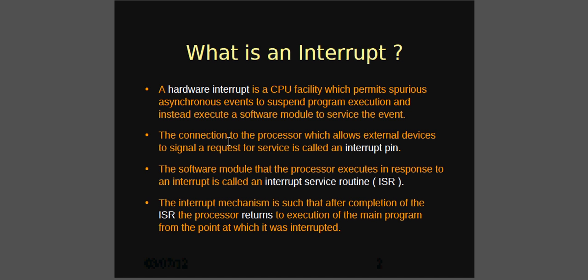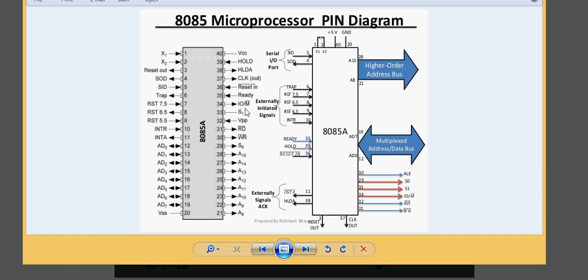So the connection to the processor which allows external devices to signal a request for service is called interrupt pins. So there will be a few interrupt pins connected to the processor. As you can see here, this is the image of the connection.